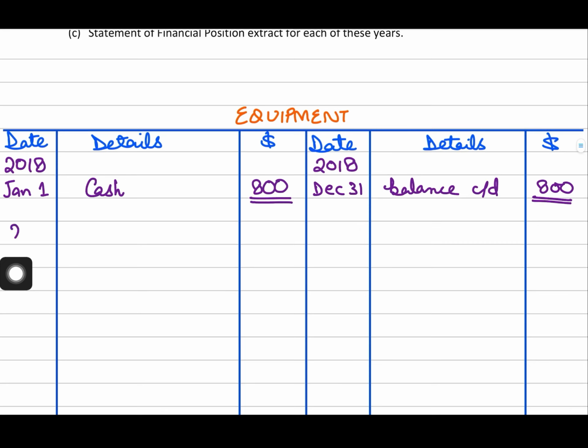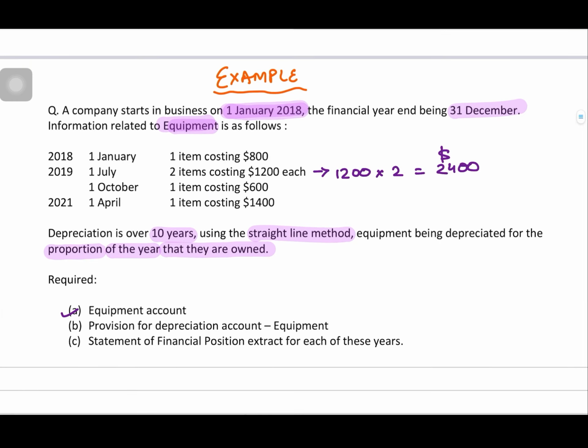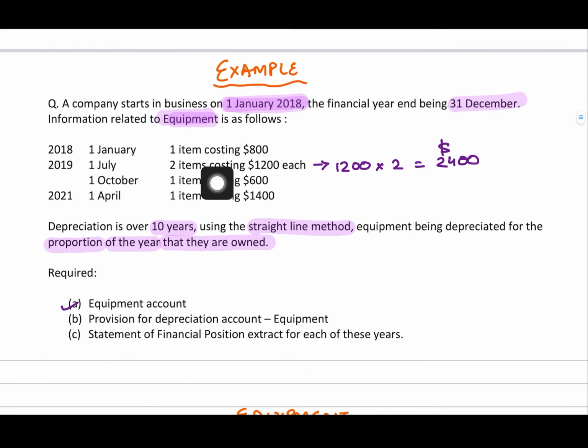Okay, so next year 2019, before writing the new purchases of the equipment, we will first write the balance brought down. January 1st balance brought down, and that is $800, right. Next year, year 2019, 1st July, two items costing $1200 each, right.